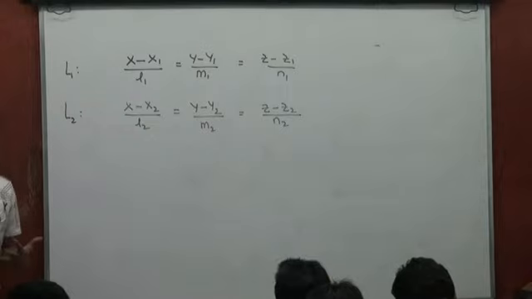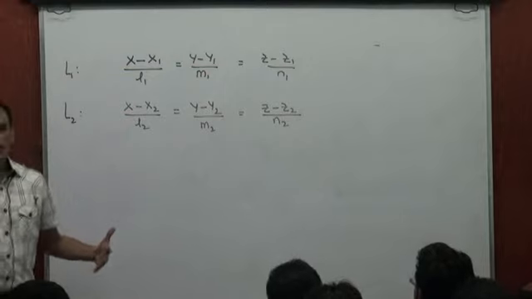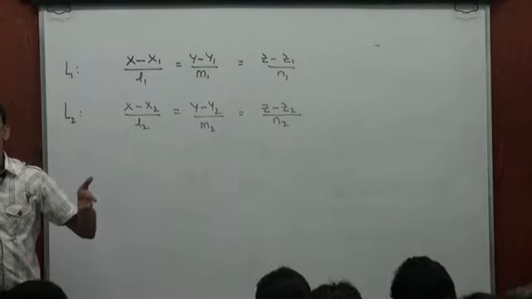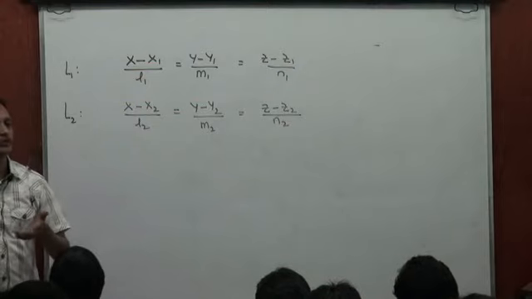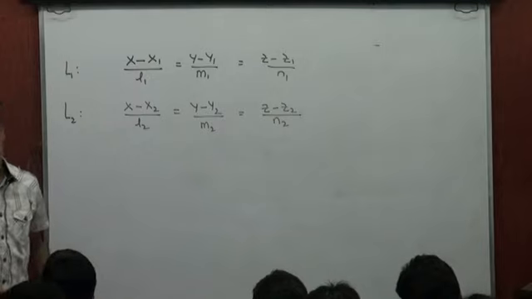We can check whether these lines are coplanar or not. The check is when the determinant with rows x2 minus x1, y2 minus y1, z2 minus z1; l1, m1, n1; l2, m2, n2 is 0. That is when the two lines intersect, then they would be coplanar.